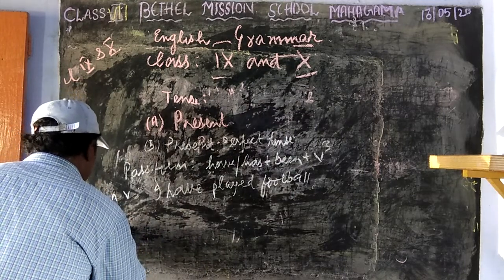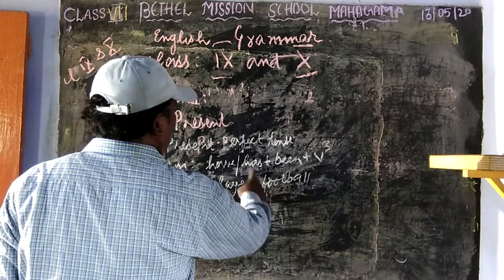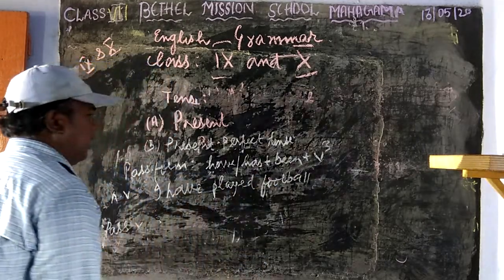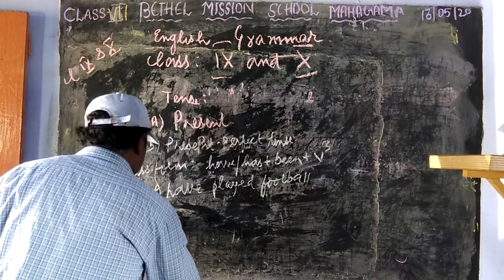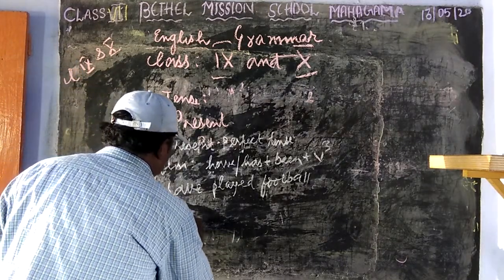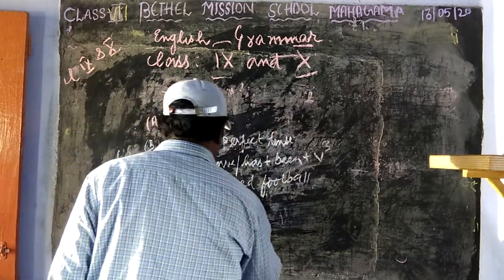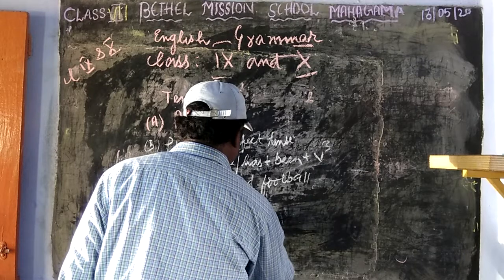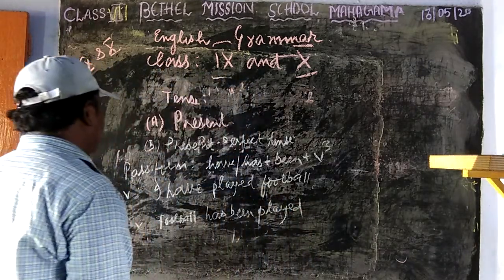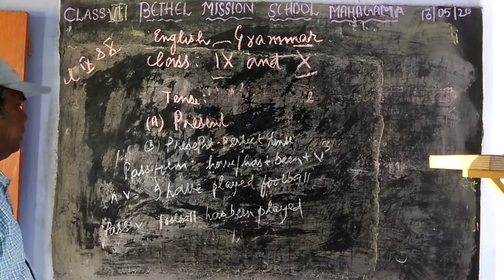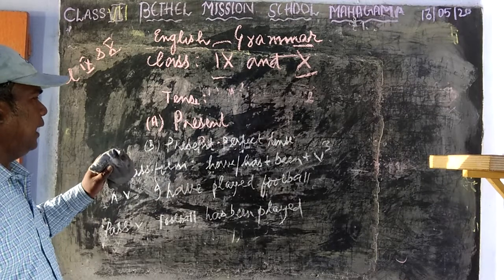Passive voice is football has been played by me. So in passive form it is football has been played by me. So this is the example of present perfect tense.